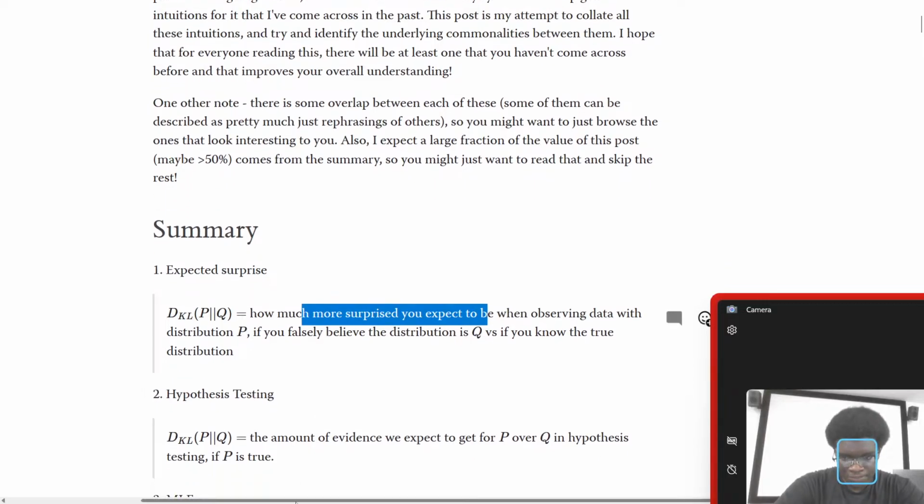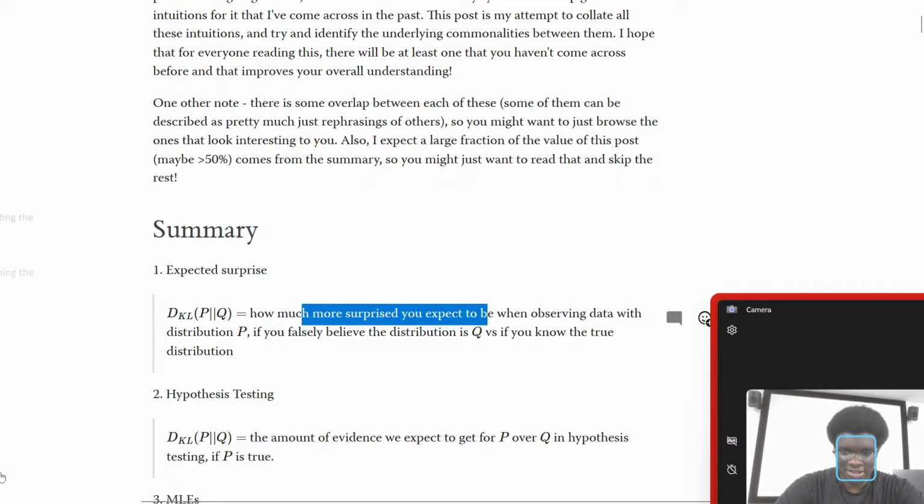Hypothesis testing. The KL divergence of P and Q is the amount of evidence we expect to get for P over Q in hypothesis testing if P is true. When it says over Q, I'm not exactly sure what they mean by an amount of evidence, but I guess it kind of makes sense.